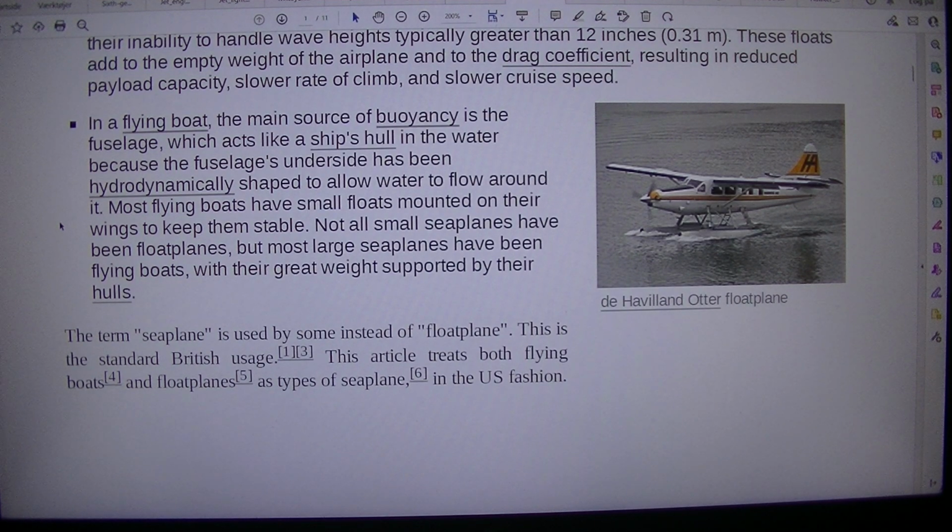Not all small seaplanes have been floatplanes, but most large seaplanes have been flying boats, with their great weight supported by their hulls. The term seaplane is used by some instead of floatplane. This is standard British usage. This article treats both flying boats and floatplanes as types of seaplane, in the US fashion.